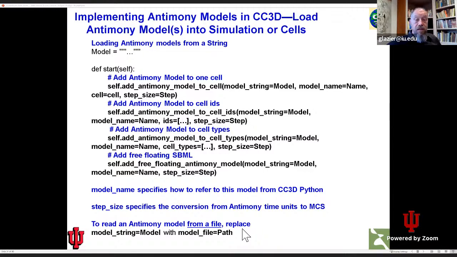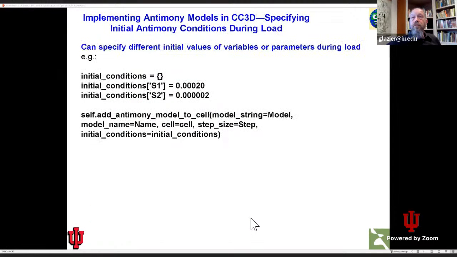We can also define initial conditions. We can overwrite the initial conditions in our antimony string if we want to. As an example here, and it can be more complicated than this, initial conditions is a dictionary. Not surprising given that we're doing everything with dictionaries.